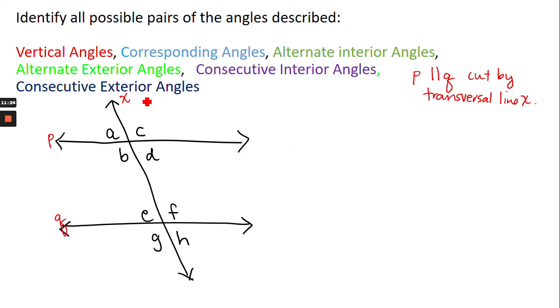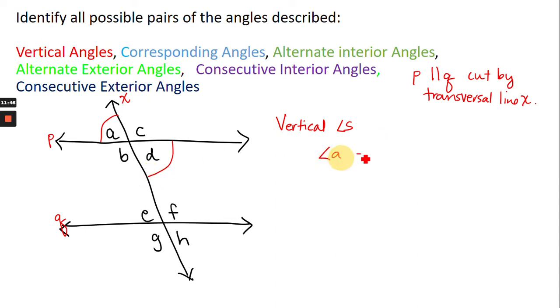Let's start with vertical angles. So what are the vertical angles here? Okay, again, vertical angles, these are angles that look like back-to-back angles. They have the same vertex, but they don't share the same side. So we have angle A and angle D, right?